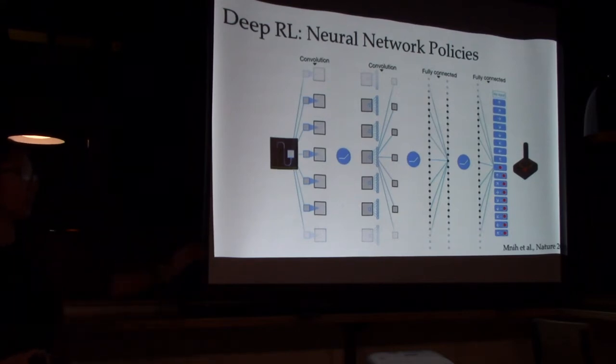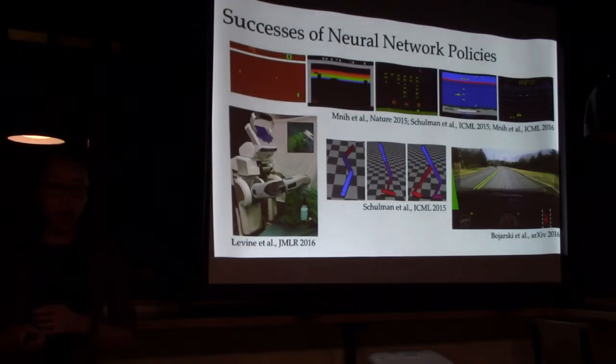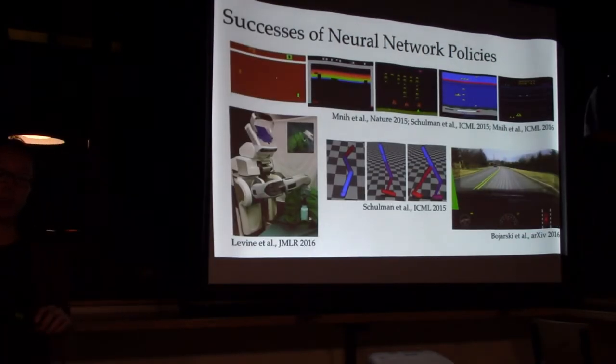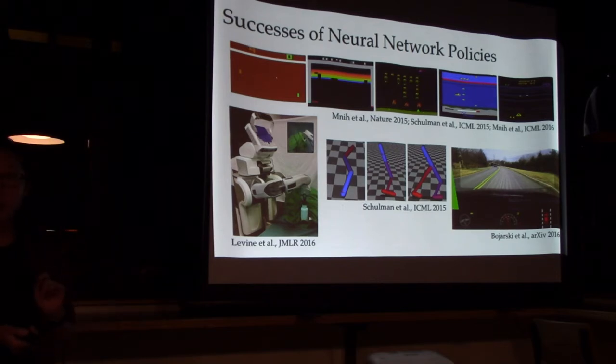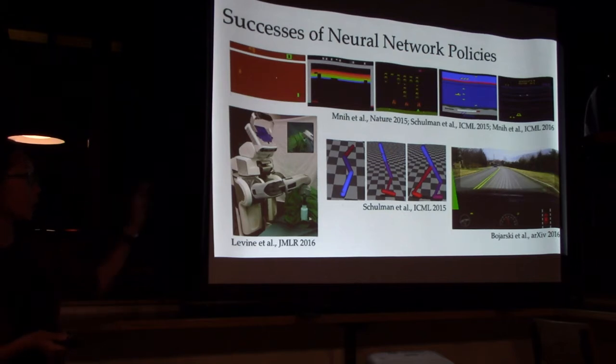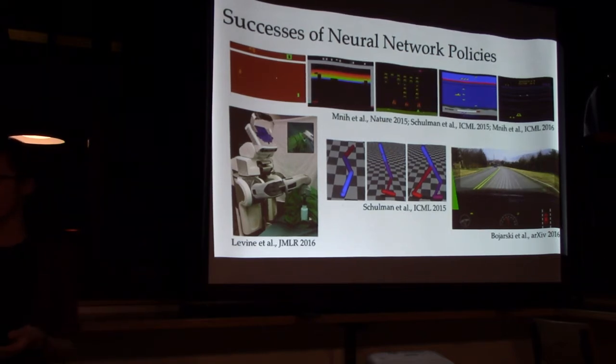Here, your output is just some sort of action on your joystick. Neural network policies have been very successful over the past few years. People have gotten them to reach human or above human level performance in Atari games, do really complicated robotic manipulation tasks, work on locomotion problems, and actually drive in the real world as well.